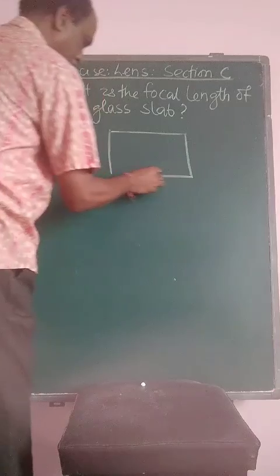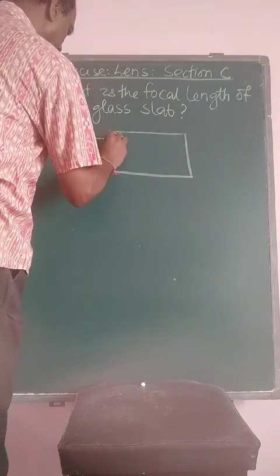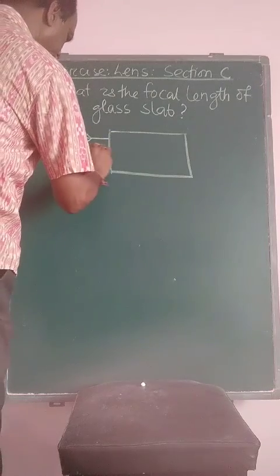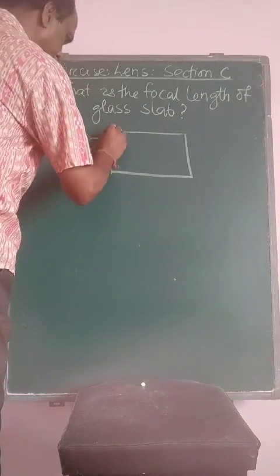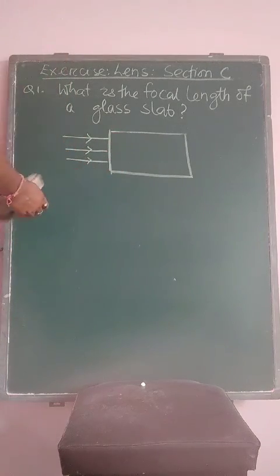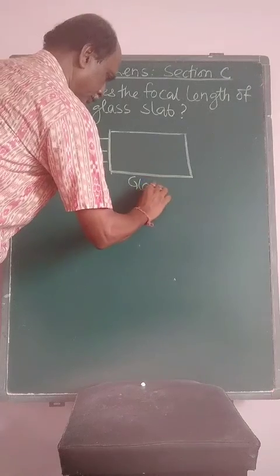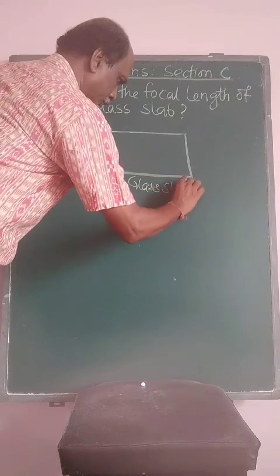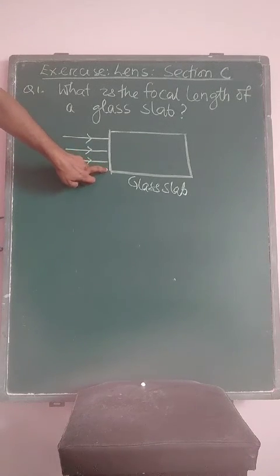This is a glass slab. Rays are incident parallelly and perpendicular, that is, normally, to the surface of the glass slab.